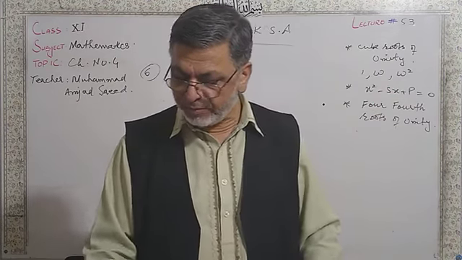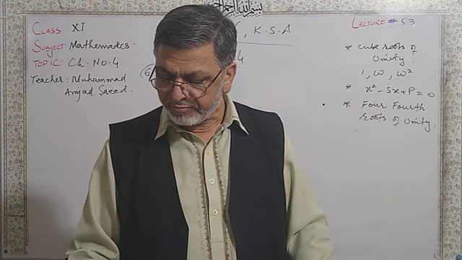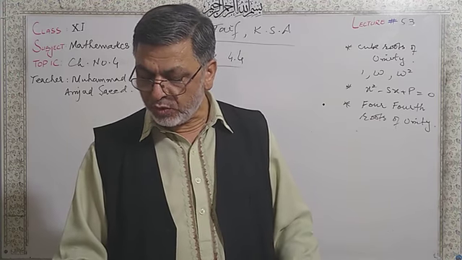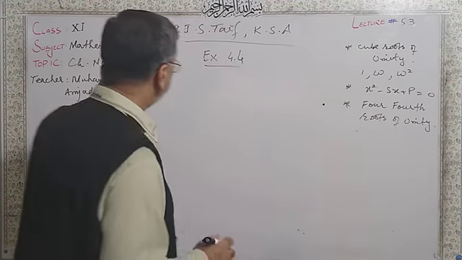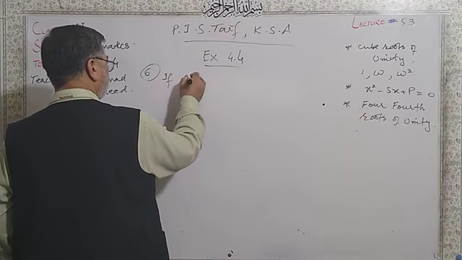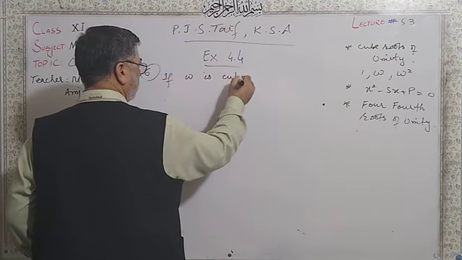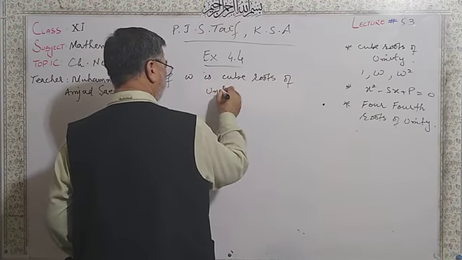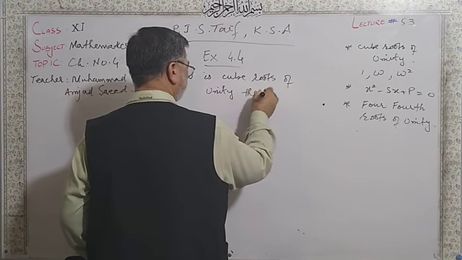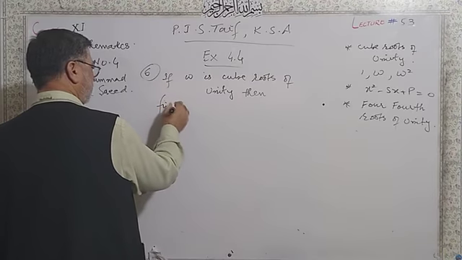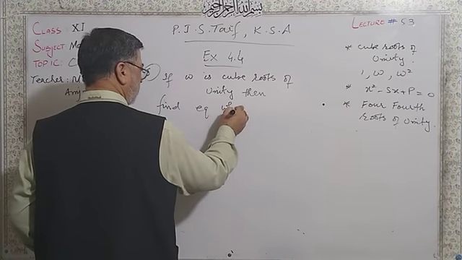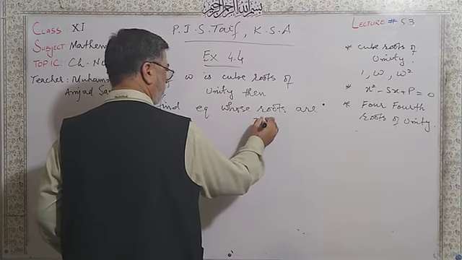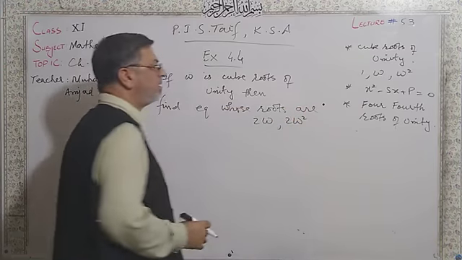Question number 6. If omega is cube roots of unity, form an equation whose roots are 2 omega and 2 omega square.